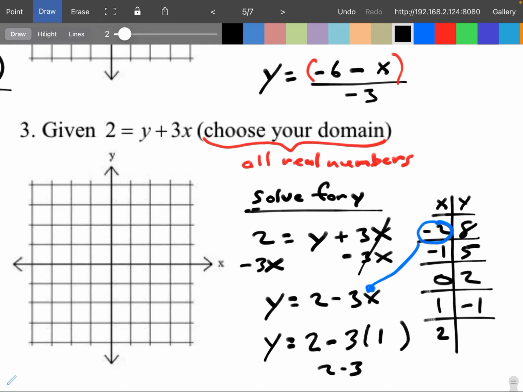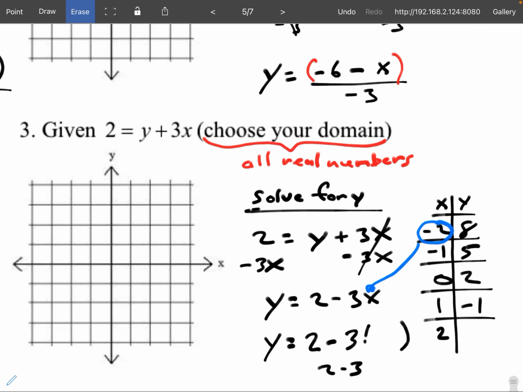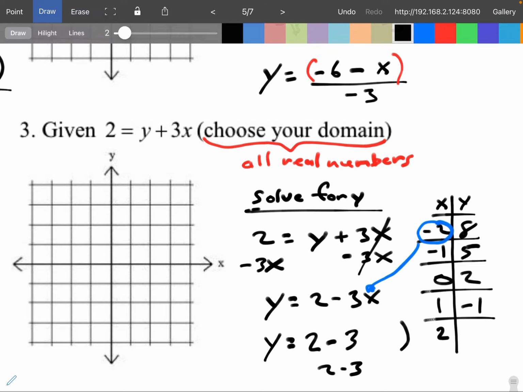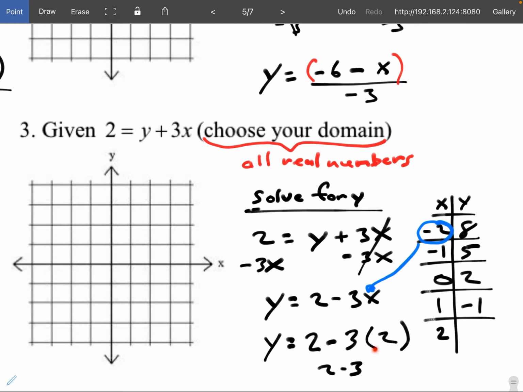Then I'm going to put 1 in as my input. What is -3 times 1? So I get 2 minus 3. 2 minus 3 is? Good, -1. Then I'm going to put 2 in and I'm done.